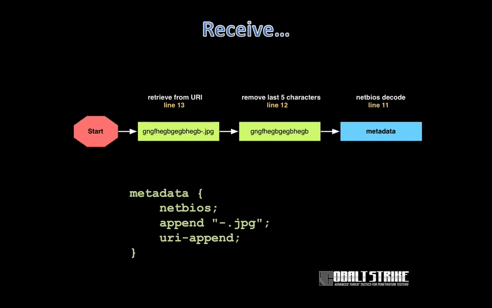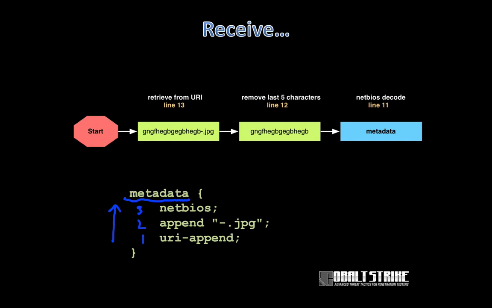So let's look at the receive side. We're going to use, again, the same metadata block, but instead of following the metadata block to send the data, we're going to work backwards and recover the original metadata. When we're doing a recovery of data, we're actually going to follow these steps backwards.